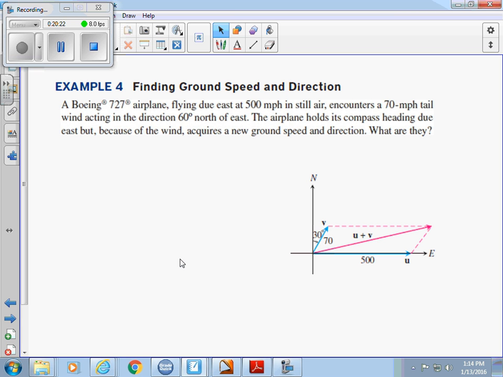The airplane holds its compass heading due east, but those two vectors are going to interact. To see how they interact, we're going to look at what's called the resultant vector. So I'm going to take those two vectors and put them tip to tail. That's why we've moved this vector up here. Does everyone see how they've moved it up there?